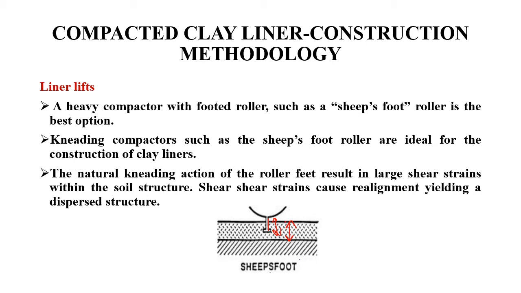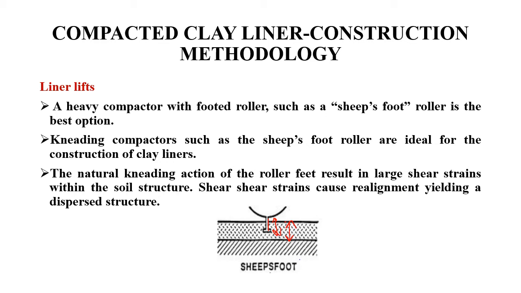So the thickness of the soil should be almost equal to the length of the sheep's foot roller. Even less is fine, but the liner thickness should never be greater. Otherwise, effective compaction cannot be achieved for the entire liner lift thickness. That is one of the things you have to keep in mind while choosing the liner lift thickness.